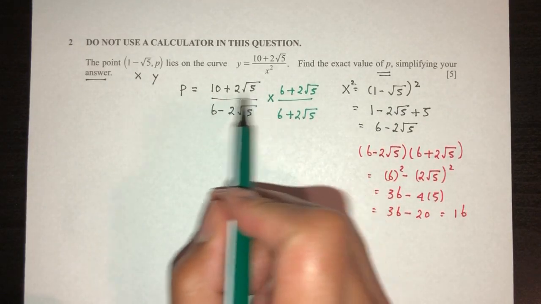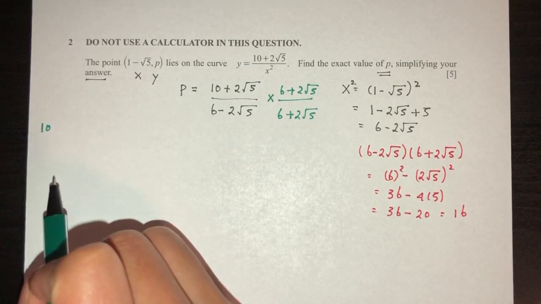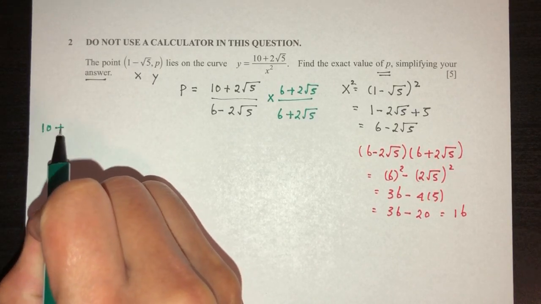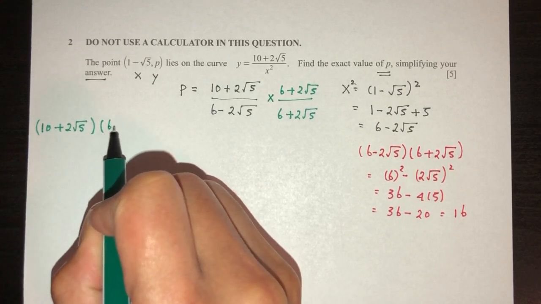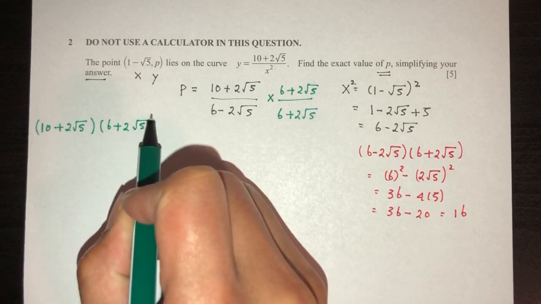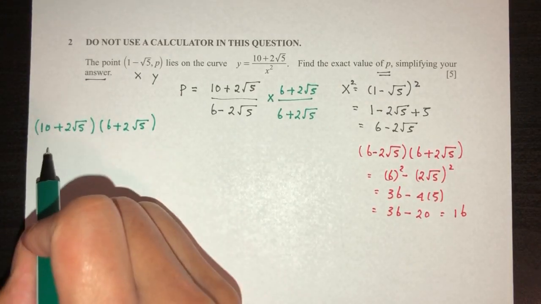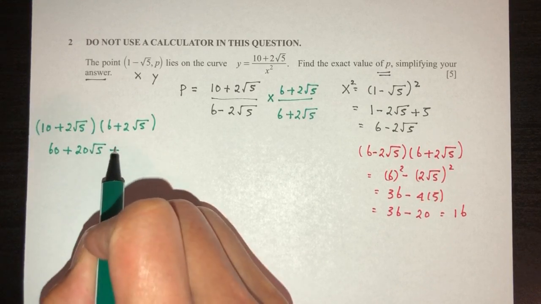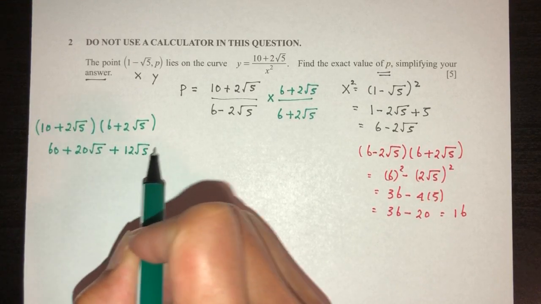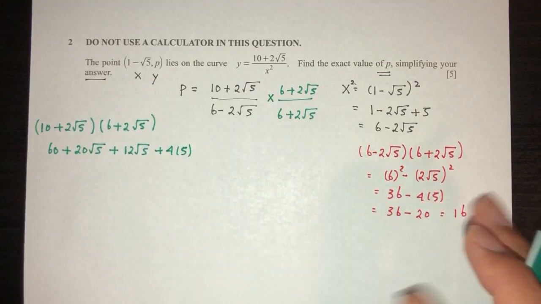Now what about the top? The top, let's do this here. We have 10 plus 2 root 5 multiplied by 6 plus 2 root 5. So by simplifying this, you take this one, multiply by this, you will have 60 plus 20 root 5 plus 12 root 5 plus 4 times 5.